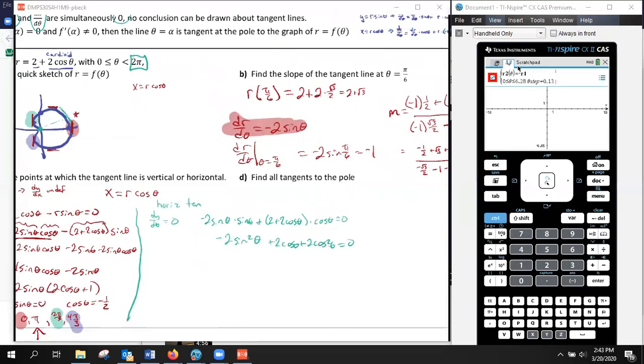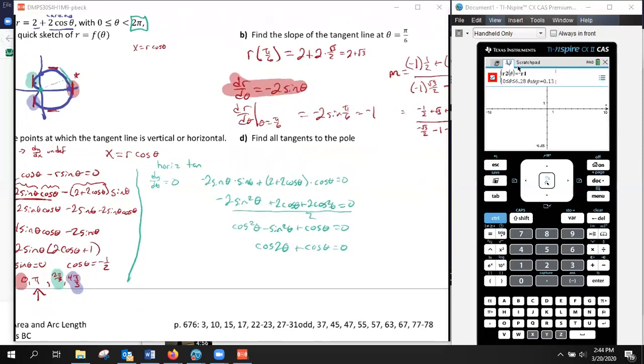Let's divide everything by 2, and I'm going to rearrange. So we'll have cosine squared minus sine squared plus cosine theta equals 0. This is where knowing the double angle is very important. Although it just occurred to me, maybe I don't want to use that double angle. Let's put all of this in terms of cosine.